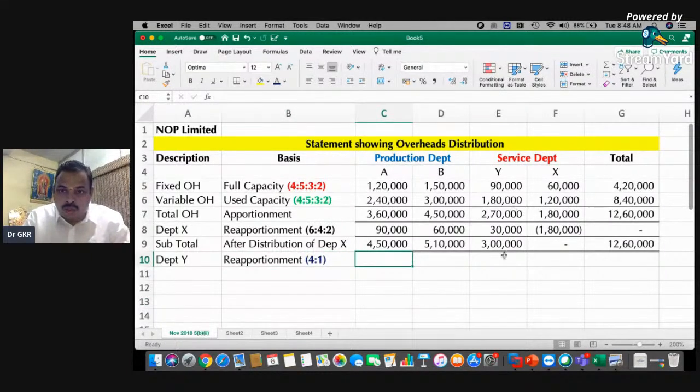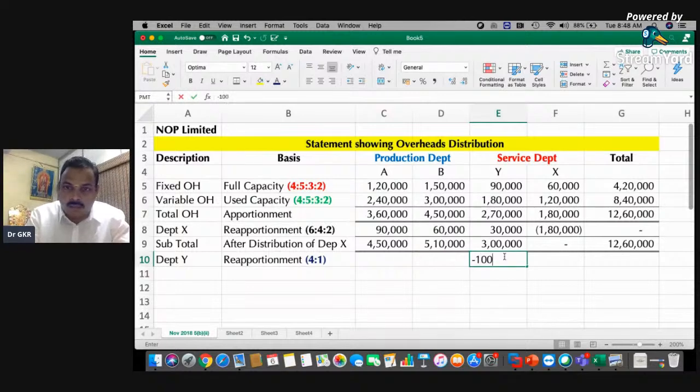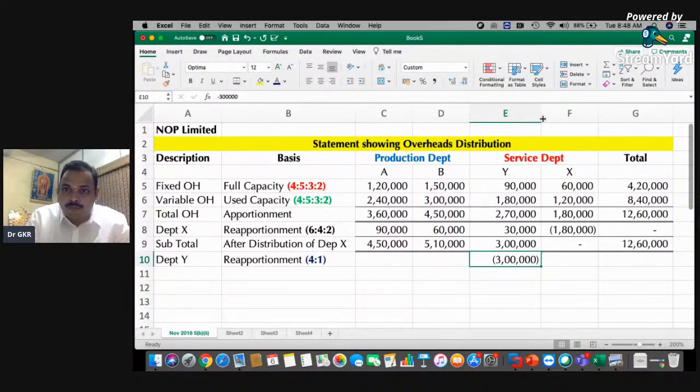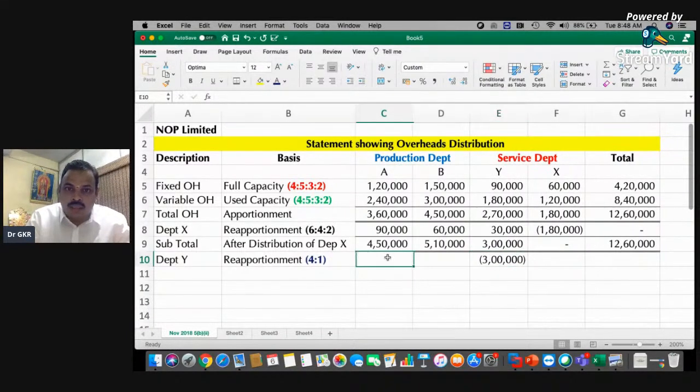So now what is your Y? Y is 3 lakhs. So this 3 lakhs we are going to distribute, guys, in the ratio of 4:1. So what is 4:1? Which is 5. So 4 by 5 and 1 by 5.